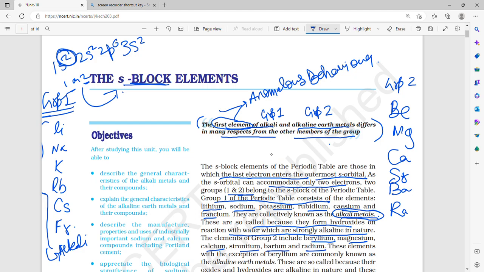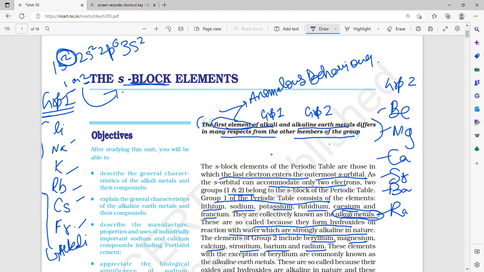So group 1 elements are lithium, sodium, potassium, rubidium, cesium and francium, and group 2 elements are beryllium, magnesium, calcium, strontium, barium and radium.